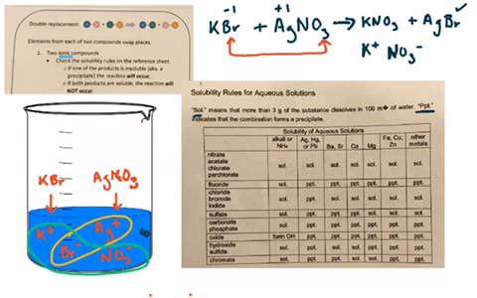So the way this chart is organized is here on the left, that's where you have your anions, and here on the top is where we have our cations. So looking at our first compound, our anion is nitrate, so that will put us in the first box here, while our cation is potassium, so that will put us here because potassium is an alkali metal.